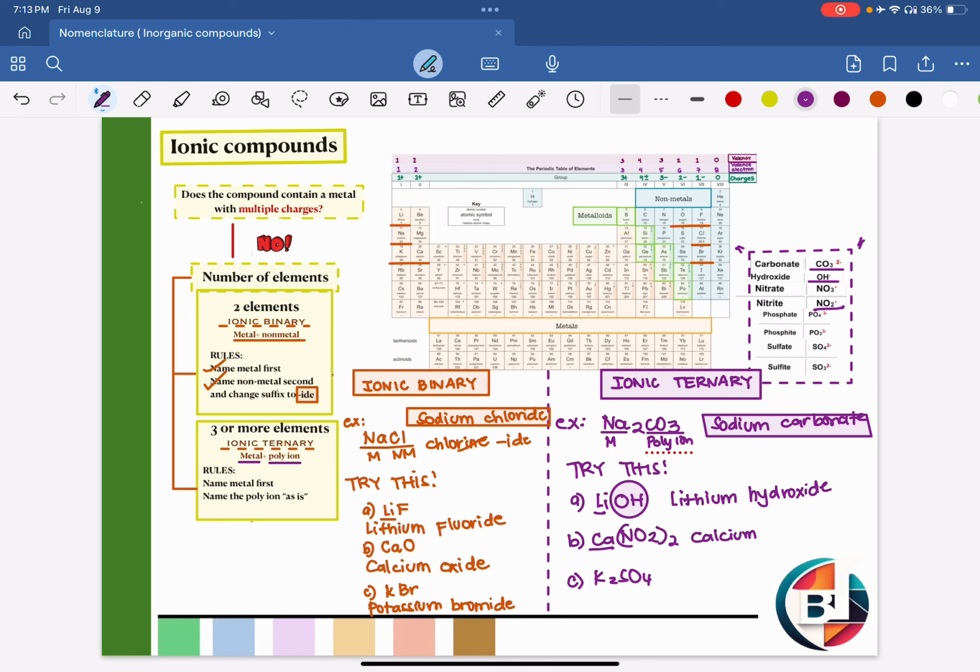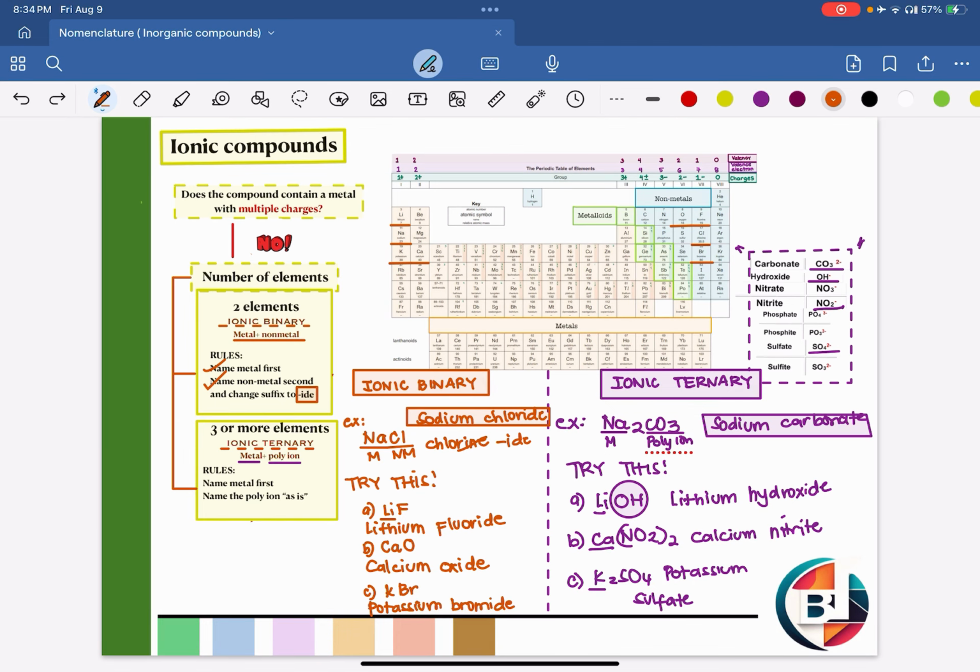NO2 is named as nitrite. And lastly, I have K, which is potassium. And looking for your SO4, I have sulfate. So again, these are the rules for ionic compounds that don't have multiple charges.